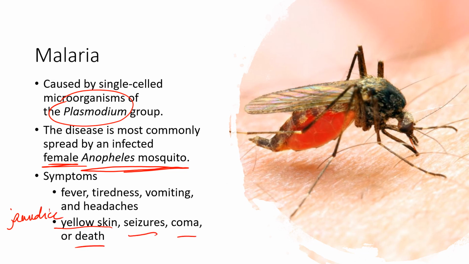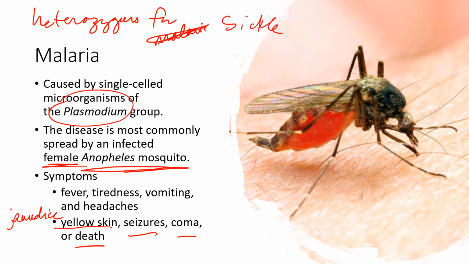So if somebody has a sickle cell trait, meaning they're heterozygous for sickle cell, then they are protected against the symptoms that you see with malaria.